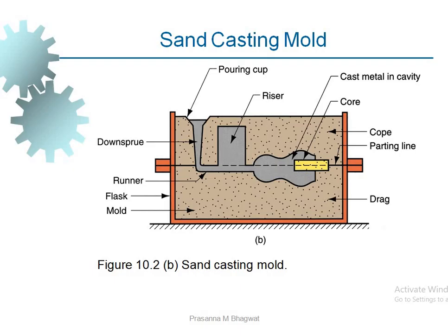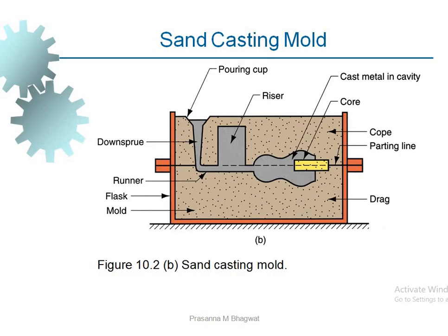Metal has the tendency to solidify as soon as it comes in contact with the mold. So the thinner part gets solidified easily, but the thicker part will take some time to solidify. If there is a shortage of metal, so that the thicker parts do not get solidified equally with respect to the thin section, then there is a problem of shrinkage, or what we can call an unfilled mold.